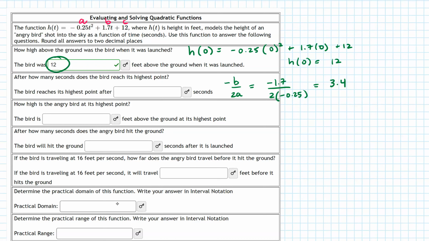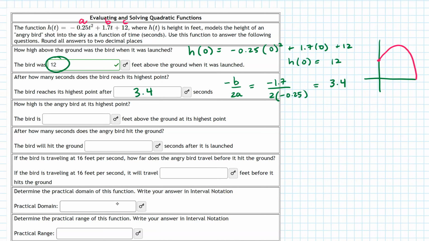So if I drew a quick little picture here, we know that the initial height is 12, and it looks something like that, and then the bird would hit the ground after some amount of time. So this here is going to be 3.4 seconds.